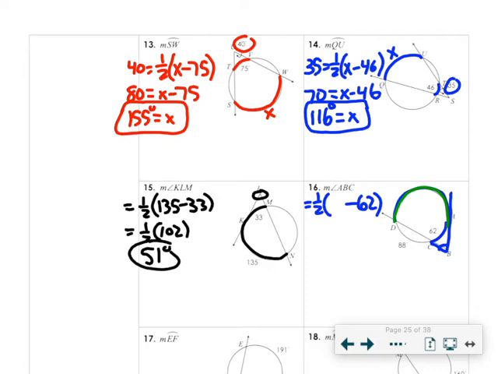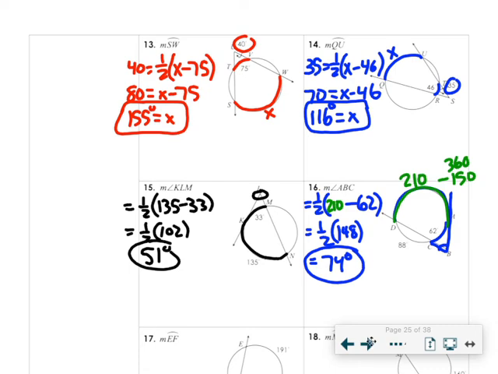If I know that this is 62 and this is 88, I could add those together, but really I got to figure out this one by doing 360 minus, so 88 and 62 added together would be 150. So this is going to be 210. So 210 is the big arc. So we have 1/2 of 210 minus 62, that's 148, and that's going to give us 74 degrees.